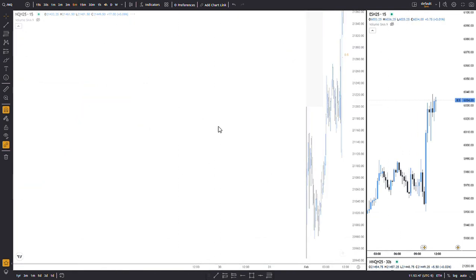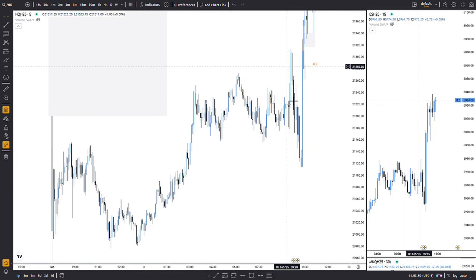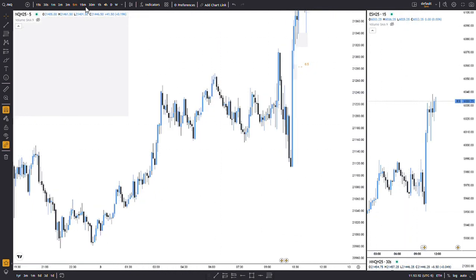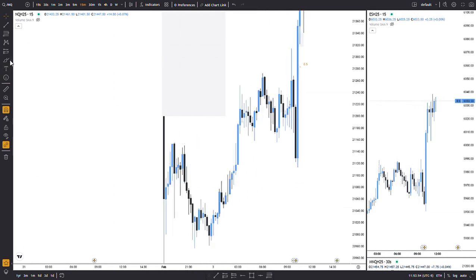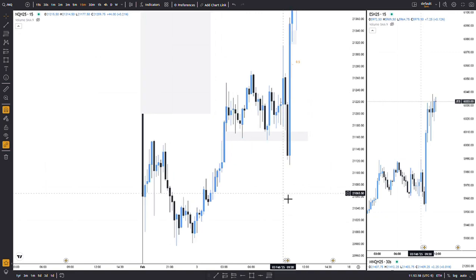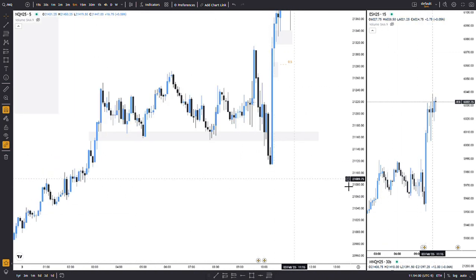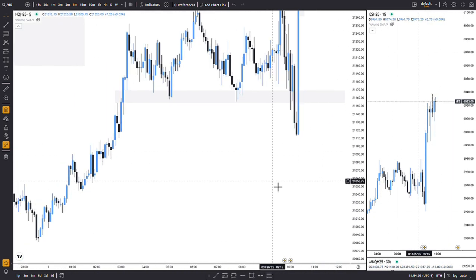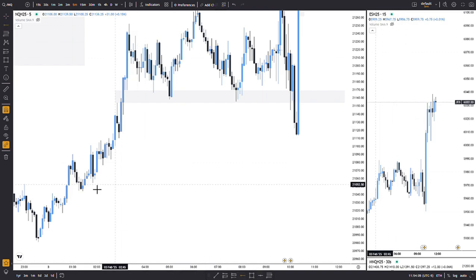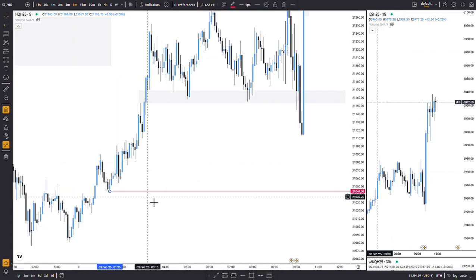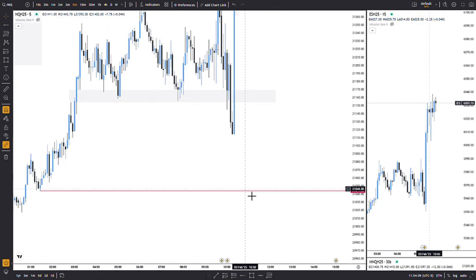So what we were looking for after this manipulation was this 15 minute, and when we closed below this 15 minute, I really thought we would go, I'm not gonna lie, I really thought we were going to go lower, probably to this obvious IFPG that was here, and this was my draw on liquidity.